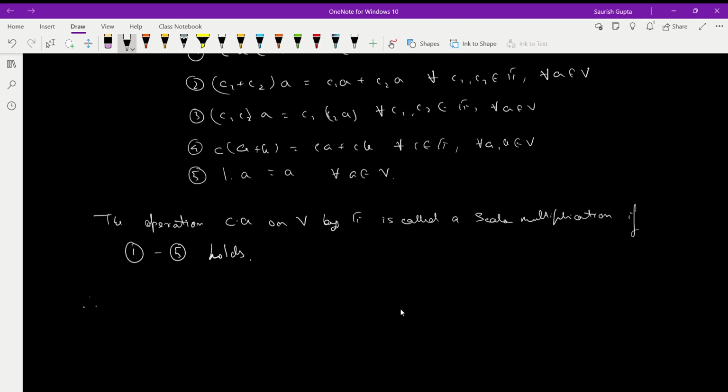Now we come to the definition of a vector space. Let V be a non-empty set.